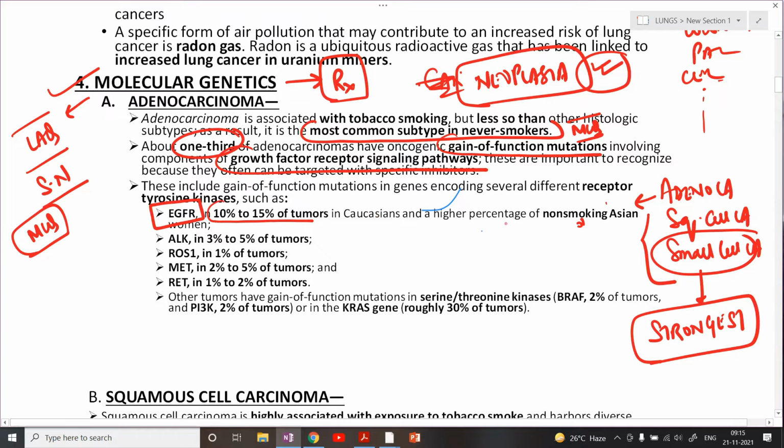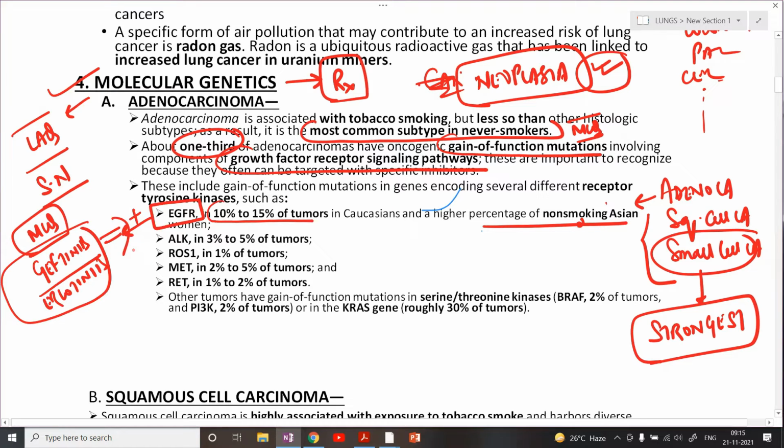It is present in a very high percentage in non-smoking Asian women. Why is EGFR mutation detection important? Because certain drugs like gefitinib or erlotinib are available for treatment of those adenocarcinoma patients who are positive for EGFR mutation. That is why the molecular genetics becomes very important.